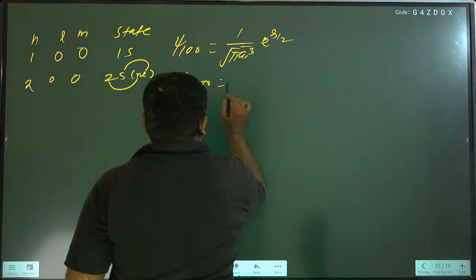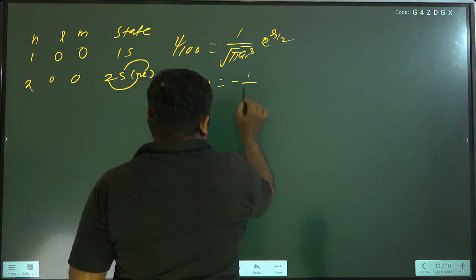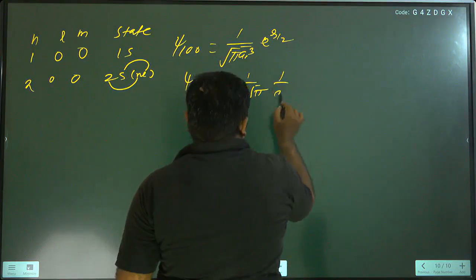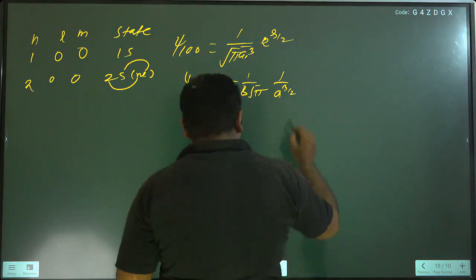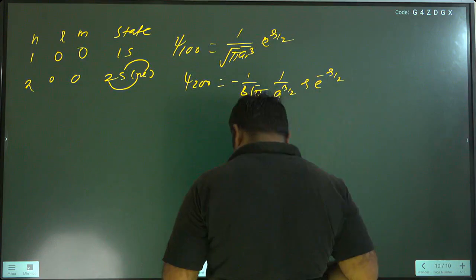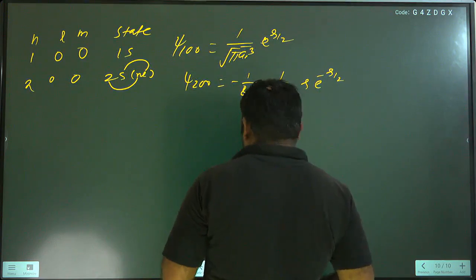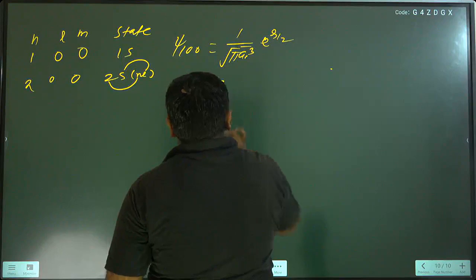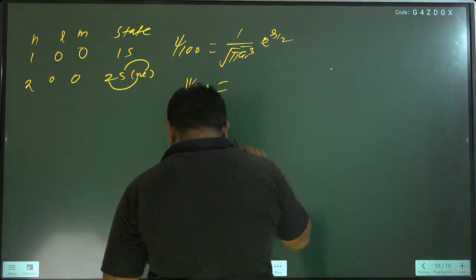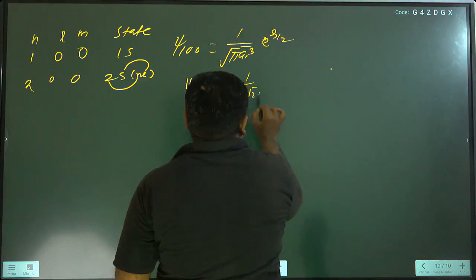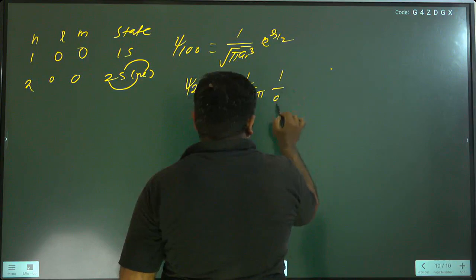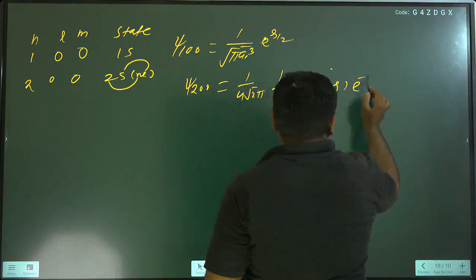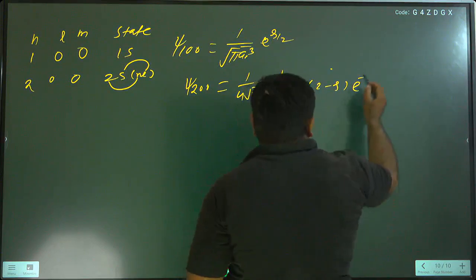Psi 2 0 0 is equal to 1 upon 4 root 2 pi into 1 upon a naught to the power 3 by 2 into 2 minus rho into e to the power minus rho upon 2.